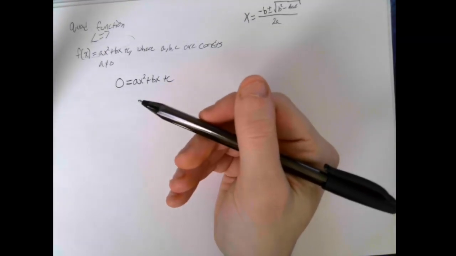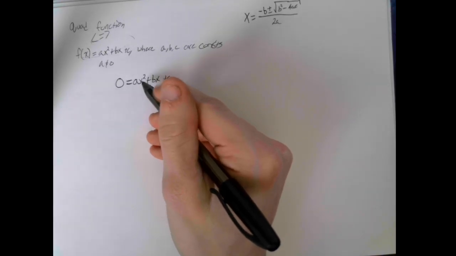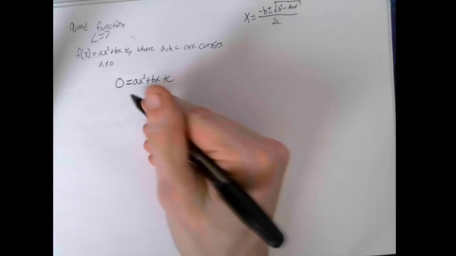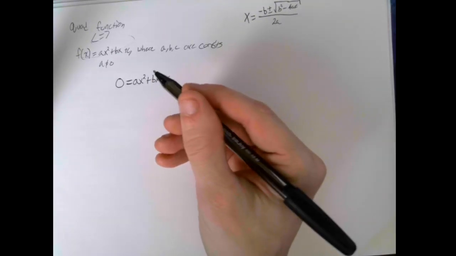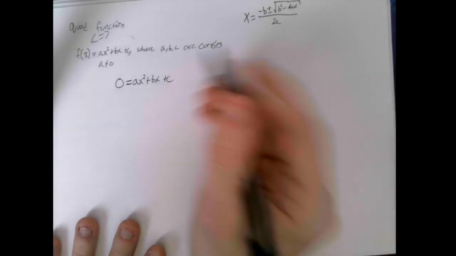So now, in order to utilize completing the square, the coefficient of the x squared term, yes, can't be anything other than 1. And now it's a, which is not 1. So we have to get it to be 1 by factoring out the a.